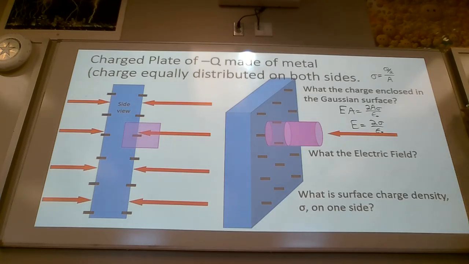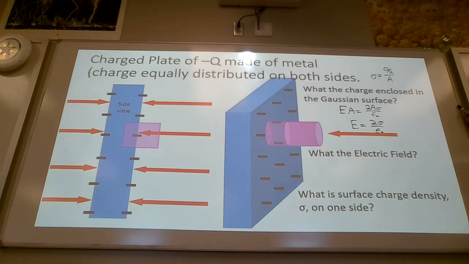Twice that. Mathematically, I see it, but conceptually, I'm not seeing it.